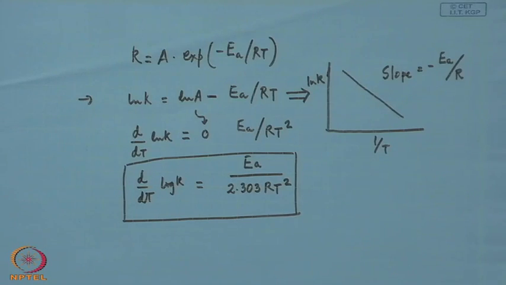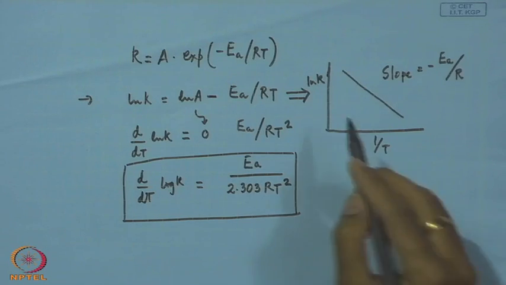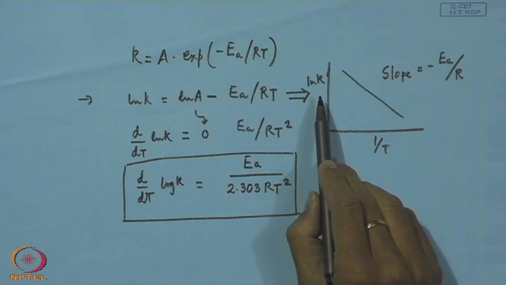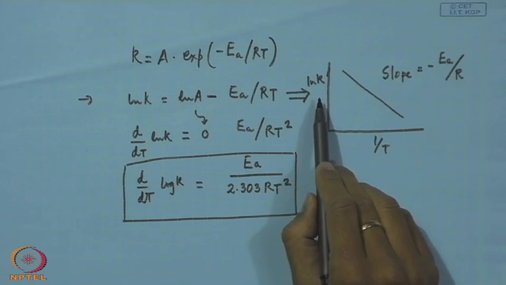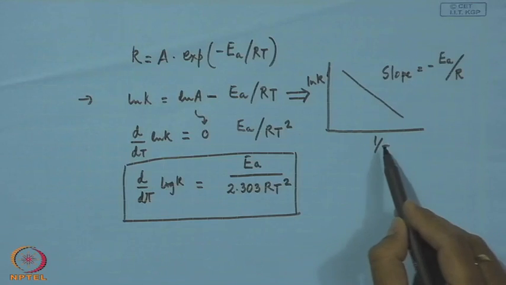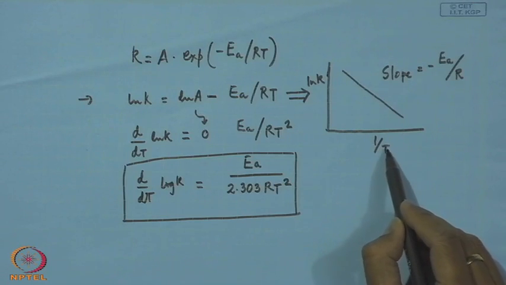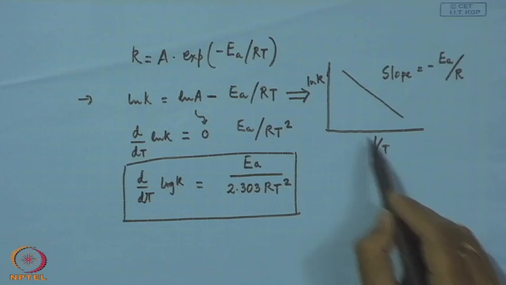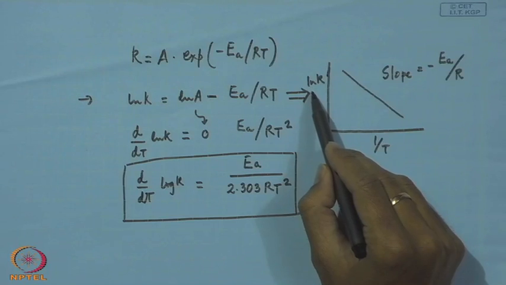Suppose we are doing an experiment in such a way that we are finding out k and taking their logarithm and plotting against 1 upon T, that is the temperature at which this k is determined.